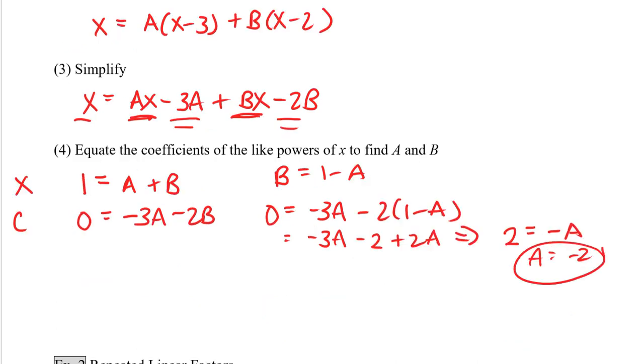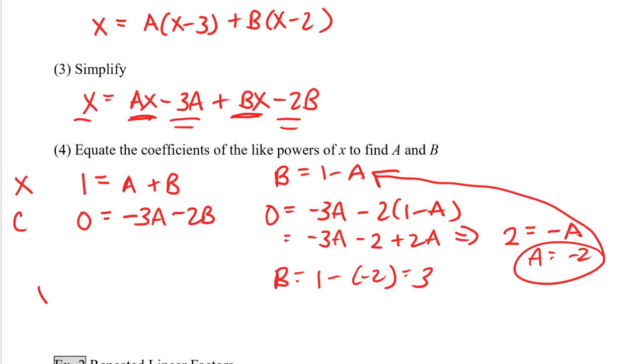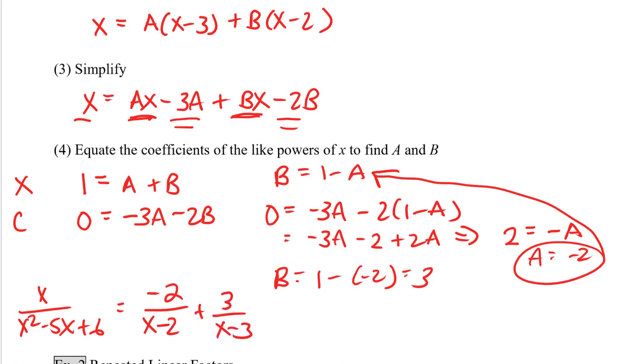We substitute this into this equation and we get b equals 1 minus negative 2, which is equal to 3. And then finally we substitute a and b into our original decomposition that we had above, and we can say then that x over x squared minus 5x plus 6 is equal to negative 2 over x minus 2 plus 3 over x minus 3.